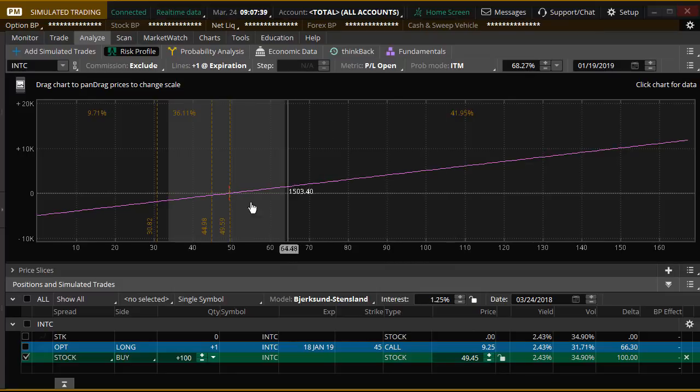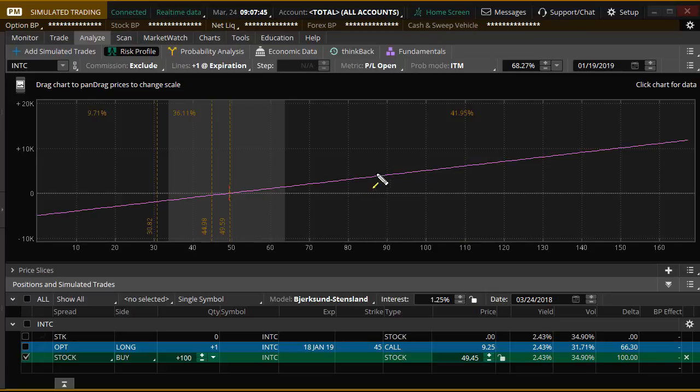Well, let's just take this section right here. And if we were to put a stop loss on this, what would that look like? Well, I'm just going to draw an arrow on here on the chart.